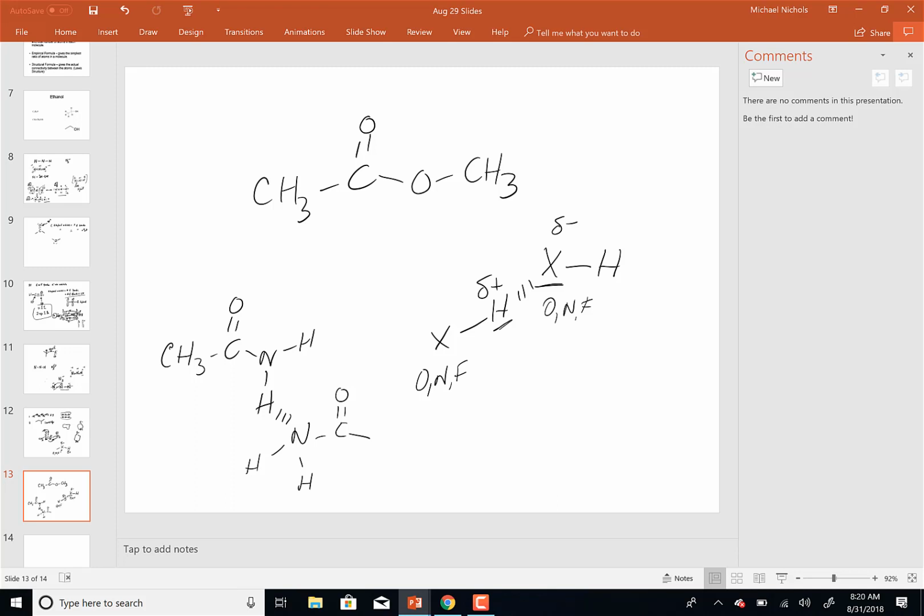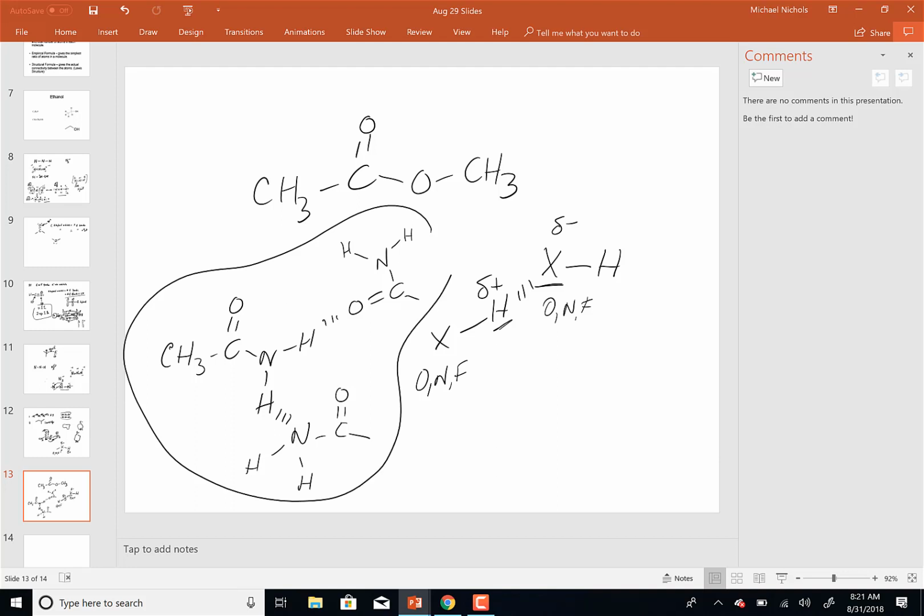Or the hydrogen could be attracted to the carbonyl, what we call the carbonyl, the C double bond O group, that oxygen. So there's two ways for that molecule to form a hydrogen bond with itself.